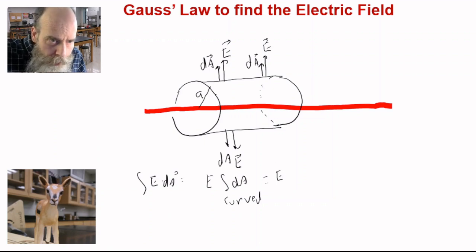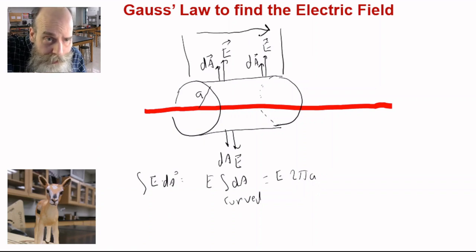So that surface area is the circumference of the circle, 2 pi A, times the length of the Gaussian surface. So now we have to have a length. So let's say our length is S. So 2 pi A times the length. And that equals Q inside over epsilon 0.